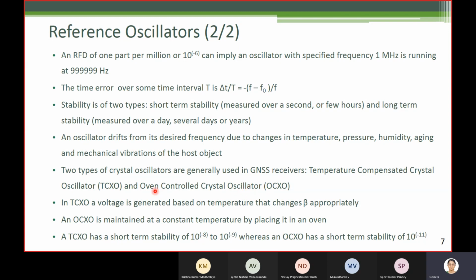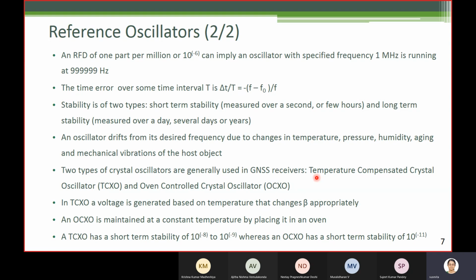What is a TCXO? In a TCXO, there is a temperature sensor inside the oscillator, and it senses the temperature. The oscillator is designed to operate at a particular temperature, but the sensor senses a change in temperature, and depending on that change, a correction voltage is generated.